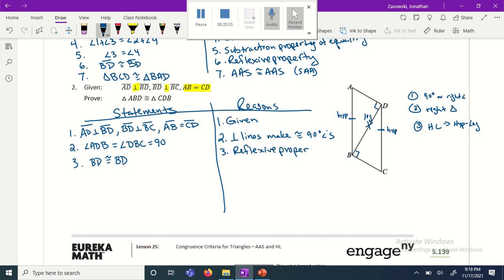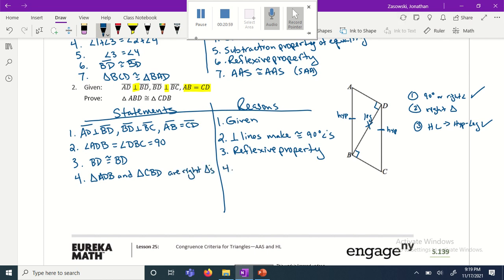And then let's take a look at our checklist over here on the right. So we got a 90-degree angle, right? We got 90-degree angles, so they're equal, right? We've got hypotenuses and legs. The only thing we haven't done is said we have a right triangle. So we need to say that triangle ADB and triangle CBD are right triangles.